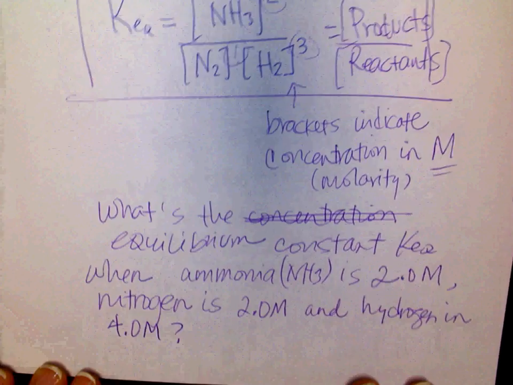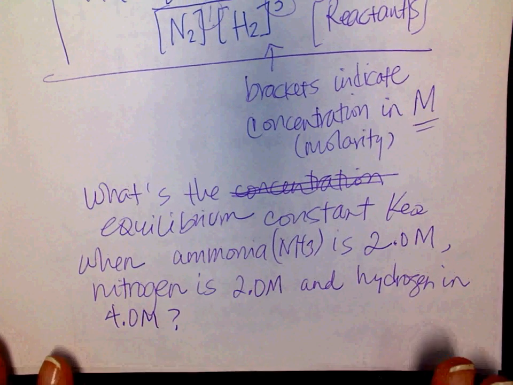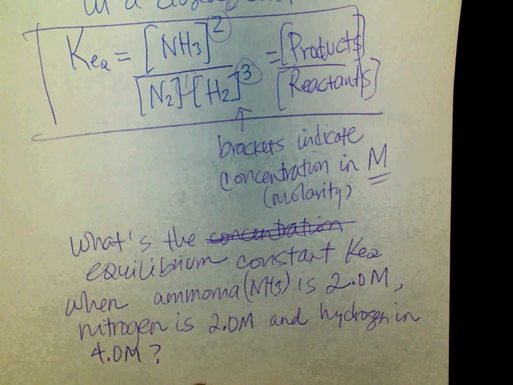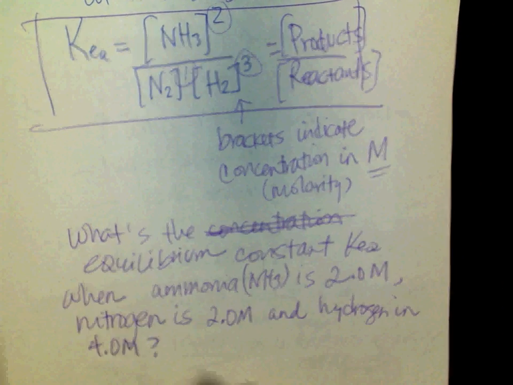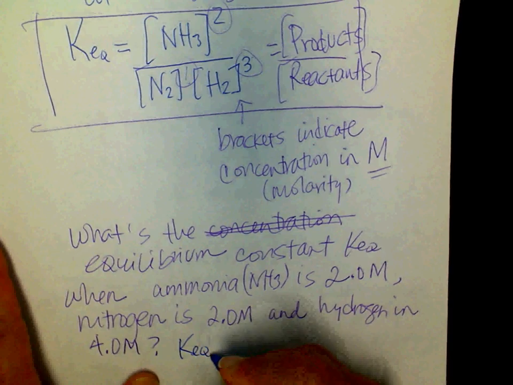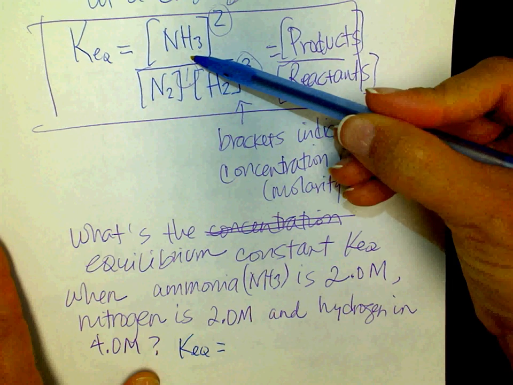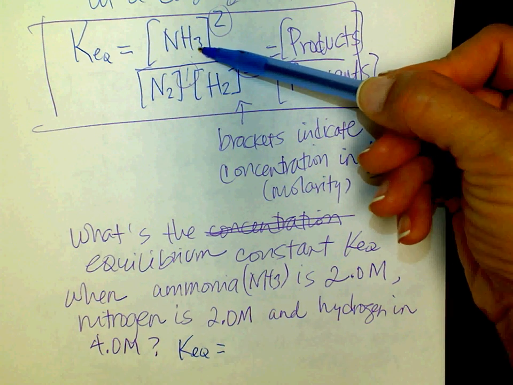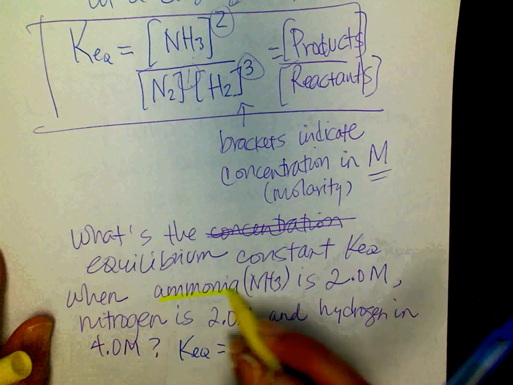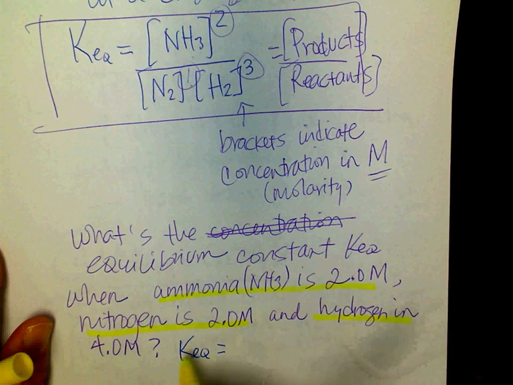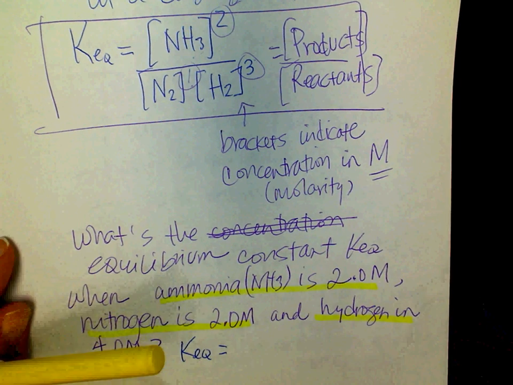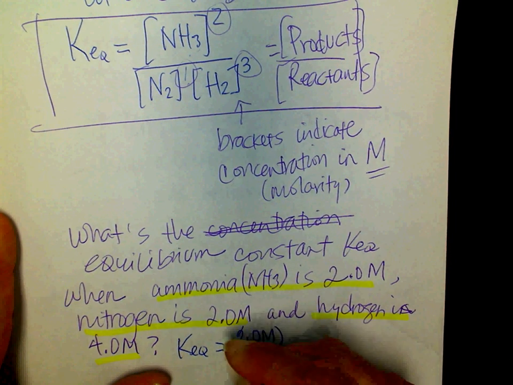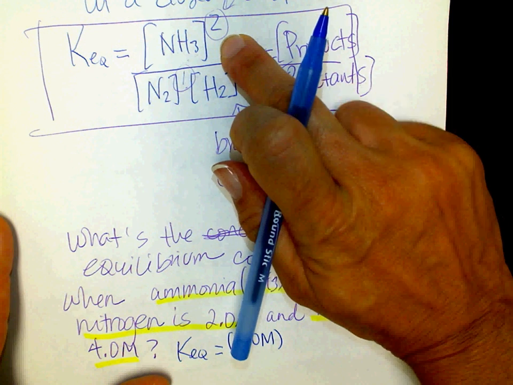Okay, let's do this. Let's plug this in. What is my equilibrium constant? Y'all see this? Ammonia. Austin Jones, what is the ammonia concentration according to my question? 2. So I'm going to put 2 molarity. What do I do to that value?